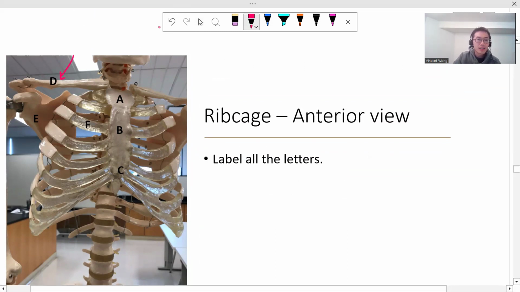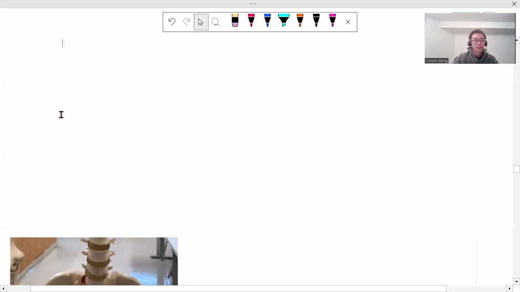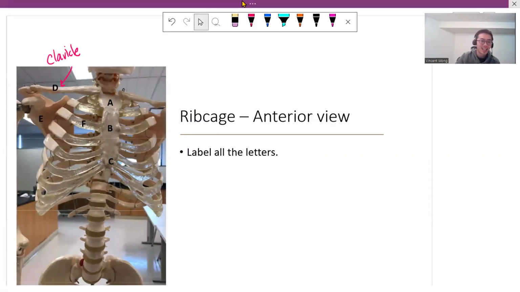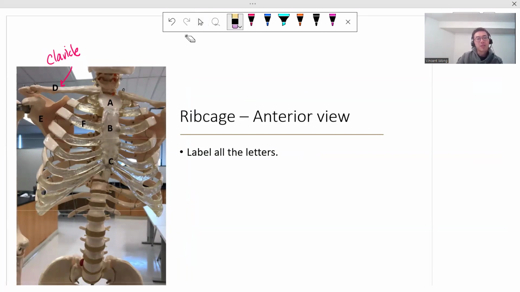So D here is the clavicle. People usually take selfies with this skeleton. They love it. So that's the clavicle, the collarbone. Over here we have this guy, which is the sternum, but the sternum has three parts to it.